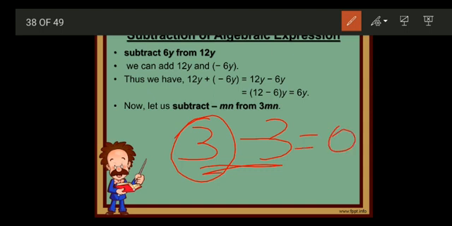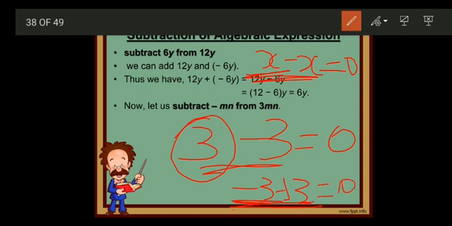If you take any number x, additive inverse of x will be minus x. When you add those two things, you will get 0. So when you take minus 3, additive inverse of minus 3 is plus 3, so that when you add minus 3 and 3, you will get 0. So now can you understand what is additive inverse?